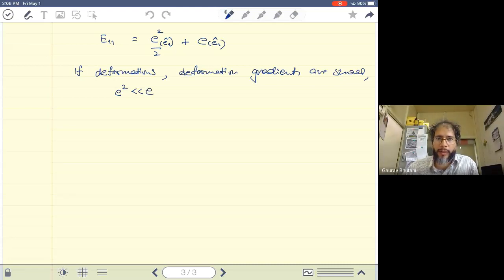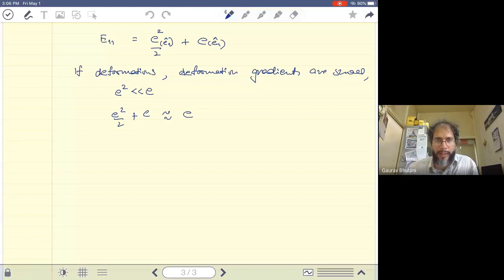So e is nothing but the longitudinal strain. If everything is small, then the square of a small term is much smaller than the small term. So if we add them together, then e squared by 2 plus e is approximately equal to e. And this was nothing but E11.